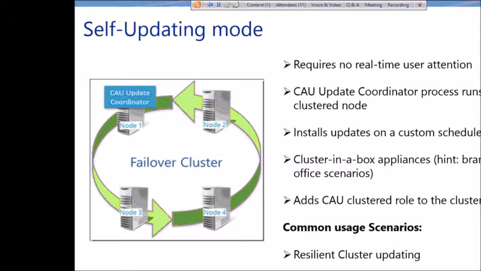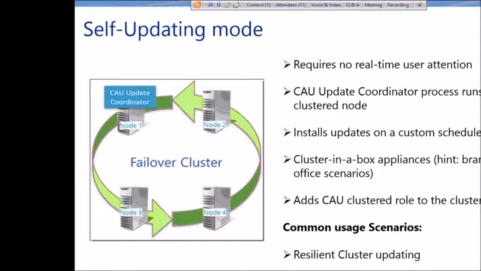It's a resilient cluster updating. That means none of the workloads are affected. They are all failed over to the other nodes. So if the resources are meant for continuous availability, you're going to have that continuous availability. If the resource has any downtime during that failover, that depends, as I mentioned earlier, on whether it's a customized resource or not a Hyper-V, high availability or live migration capable resource.